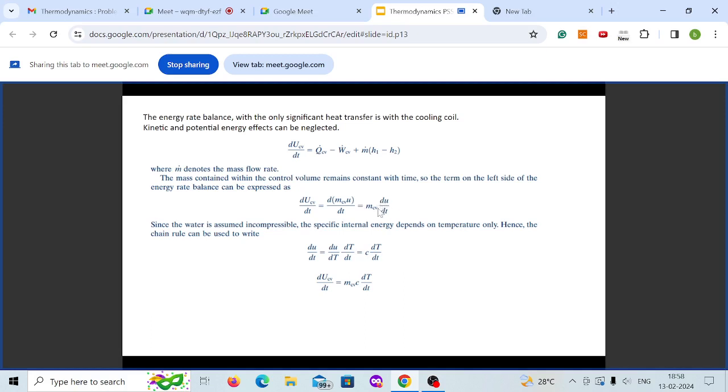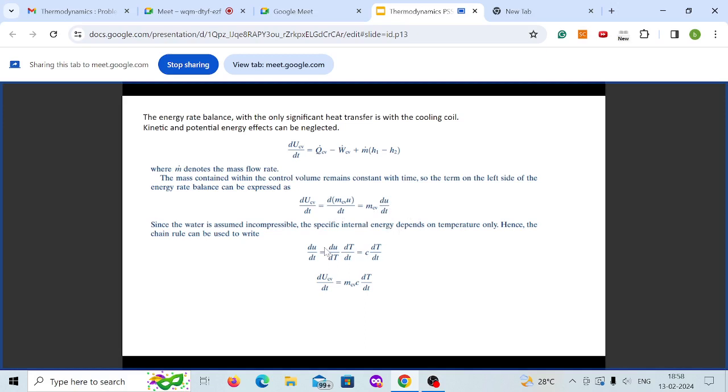You can take the mass out because the mass in the tank is not changing, because whatever mass of fluid comes in is also going out. If you write a mass balance equation, you will find m_CV is constant, so the change in mass in the tank will be 0. So you can take m_CV out: m_CV du by dt.